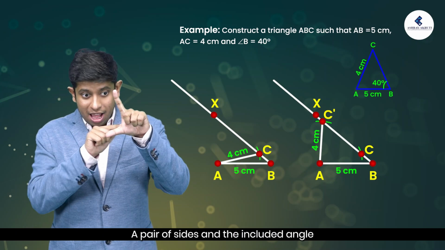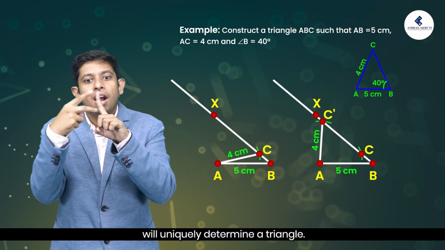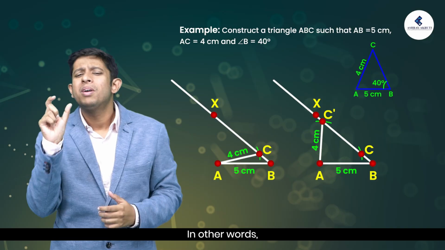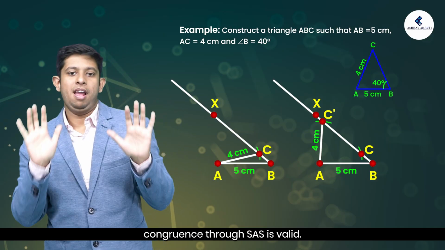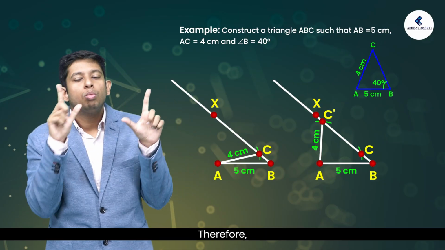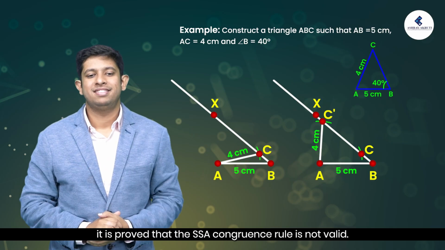A pair of sides and the included angle will uniquely determine a triangle. In other words, congruence through side-angle-side is valid. Therefore, it is proved that the side-side angle congruence rule is not valid.